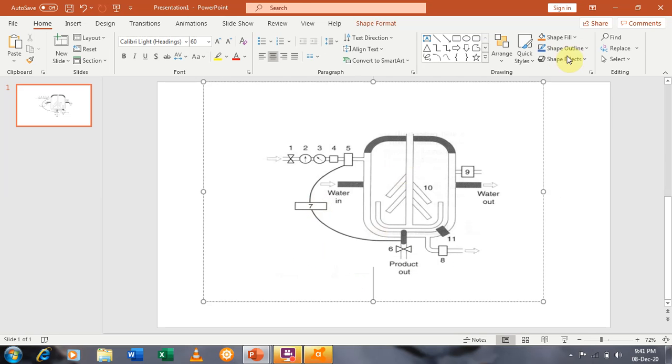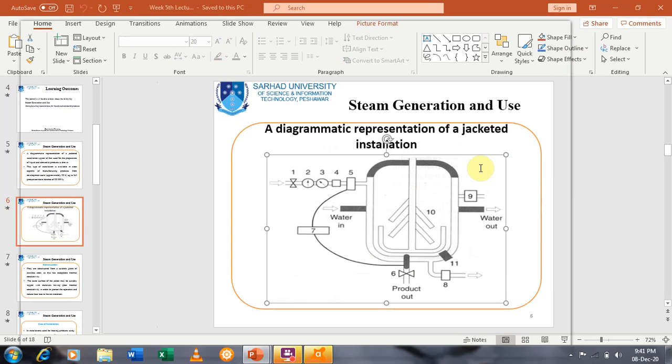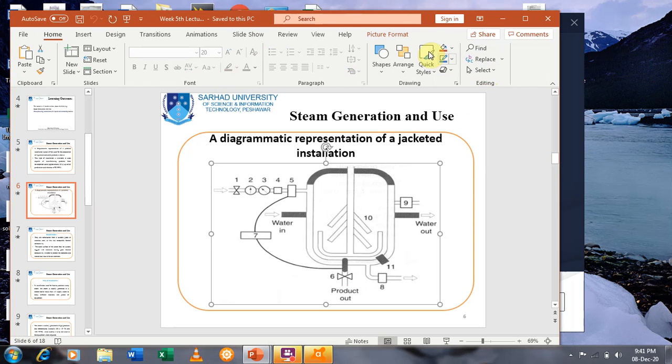This is a diagram, and I'm going to minimize this one as well as this one.